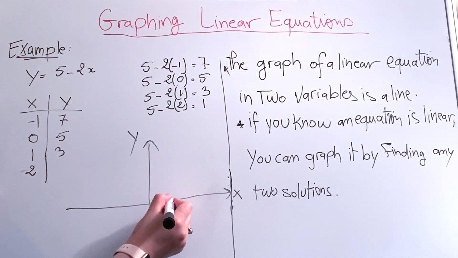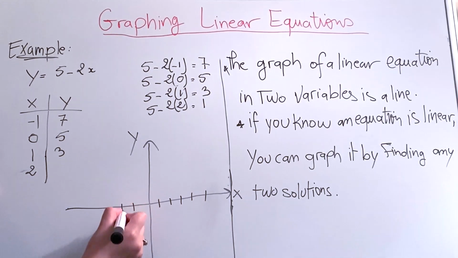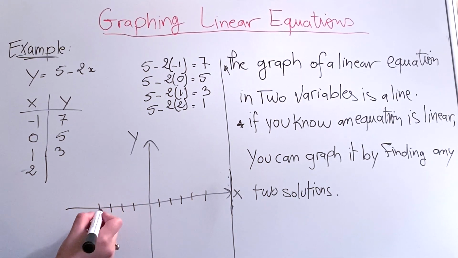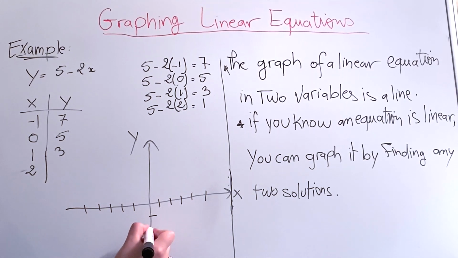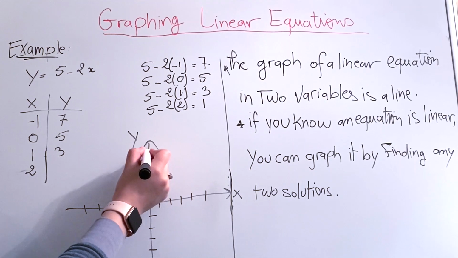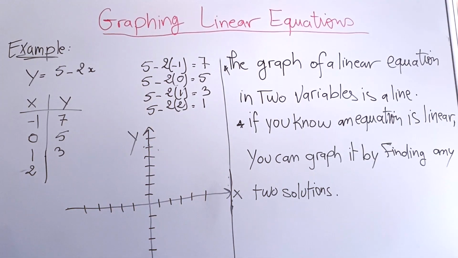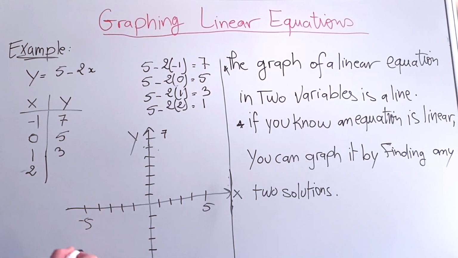So we have 1, 2, 3, 4, 5, and -1, -2, -3, -4, -5, and on the y-axis, -1, -2, -3, -4, -5, -6, and 1, 2, 3, 4, 5, 6, 7. So here's 7, and here's 5, and here's -5, and here's -6.